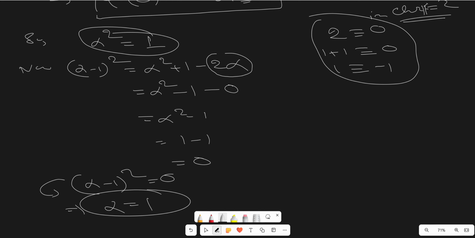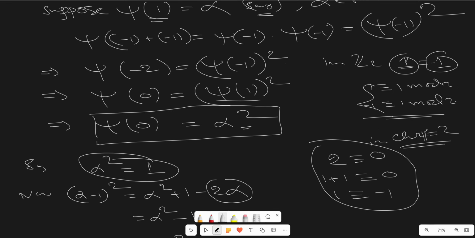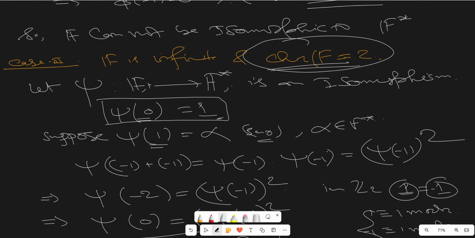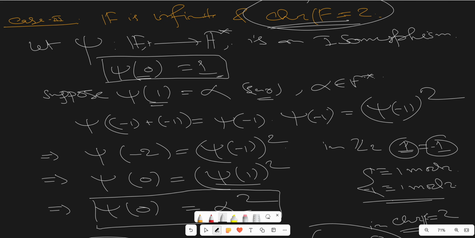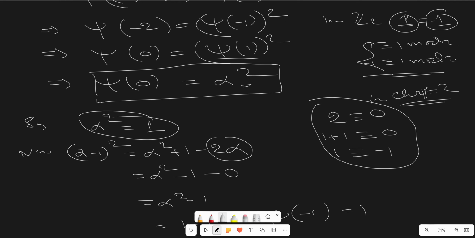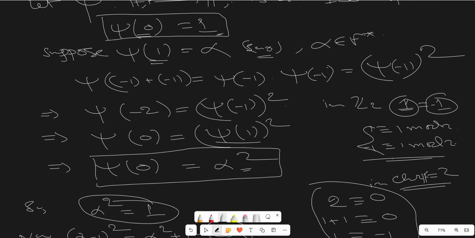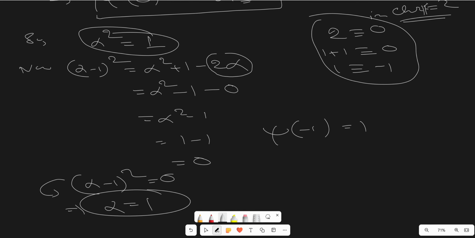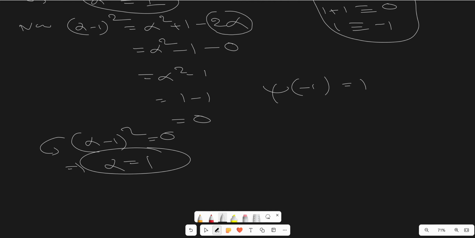See here, psi of what is minus 1? Minus 1 is 1, right? 1 is alpha. Okay, 0 is 1. Why is psi of minus 1 this?